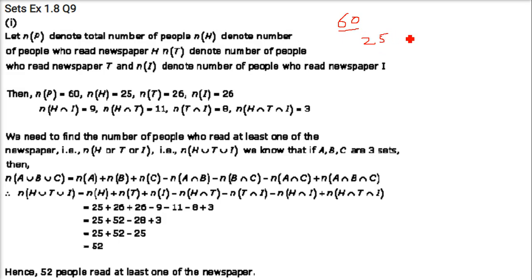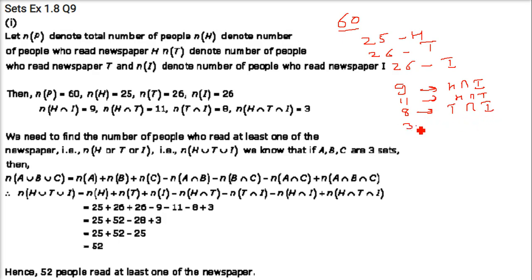It was found that 25 people read newspaper H, 26 read newspaper T, 26 read newspaper I, 9 read both H and I, 11 read both H and T, H intersection T, and 8 read both T and I. 3 read all newspapers. So H intersection T intersection I is 3.